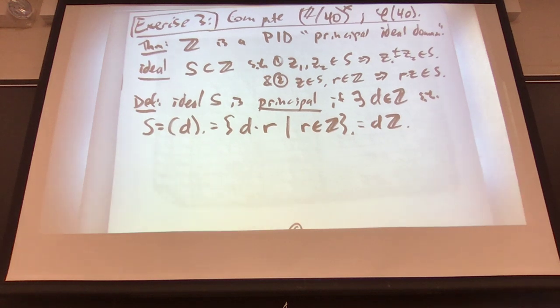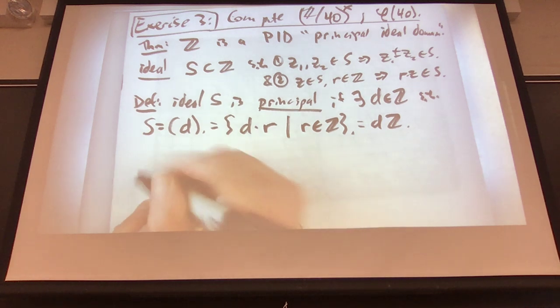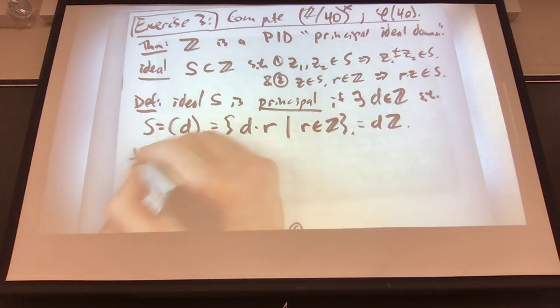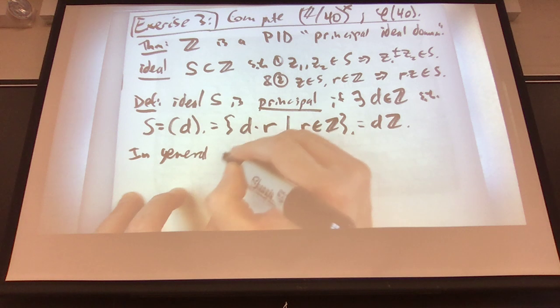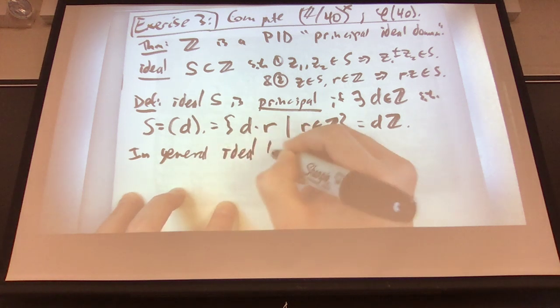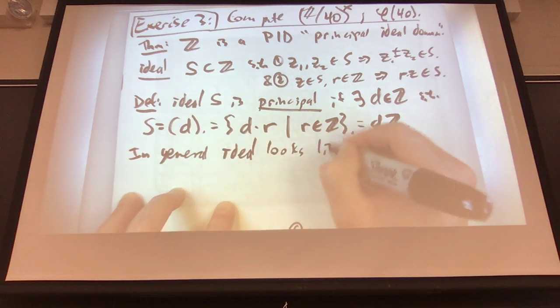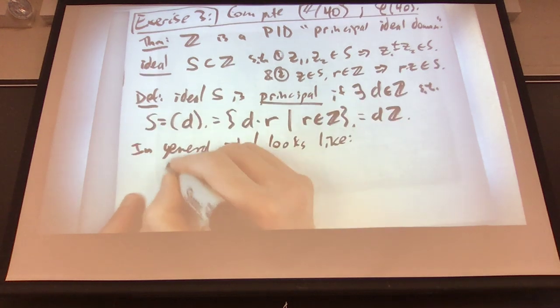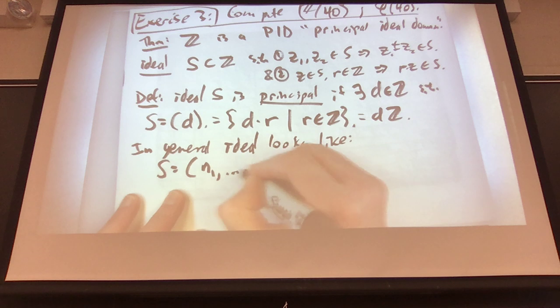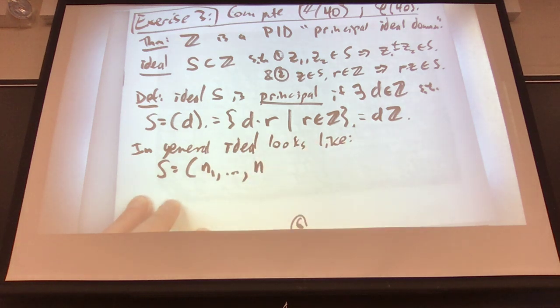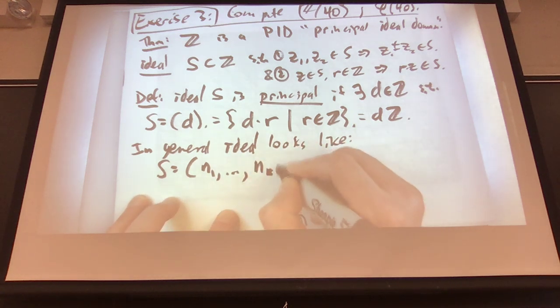All right, so how do we prove this? Well, what's an ideal in general? You give me a bunch of elements, and I generate an ideal. So, in general, finitely generated ideals: an ideal S is generated by a bunch of numbers, n1, n2, up to nk, let's say.